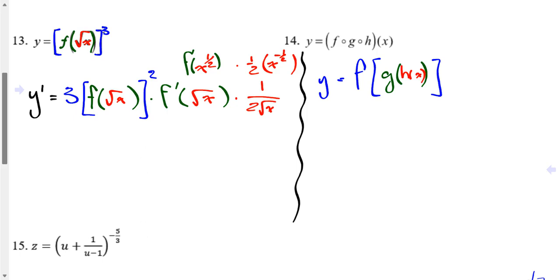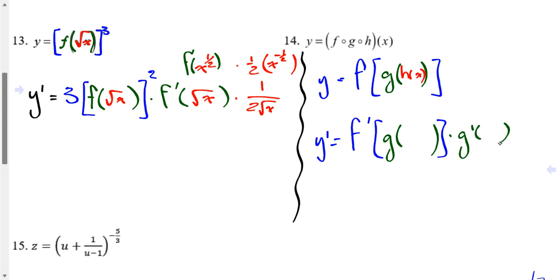So when we find the derivative, derivative of the outermost function, inside is unchanged, times the derivative of the next layer in, inside is unchanged, times the derivative of the innermost function, h prime of x.